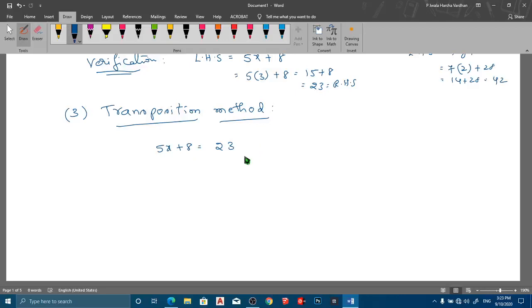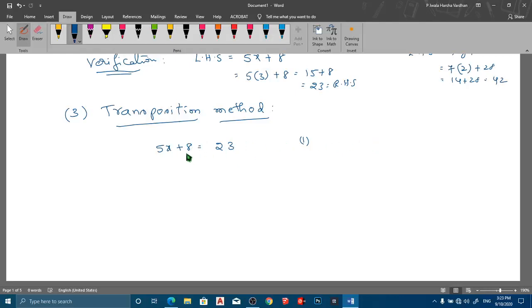But before transposing any number from right to left or left to right, you have to remember two rules. The first one is what? If you shift a positive number from the right side to the left side, that positive number will become a negative number.